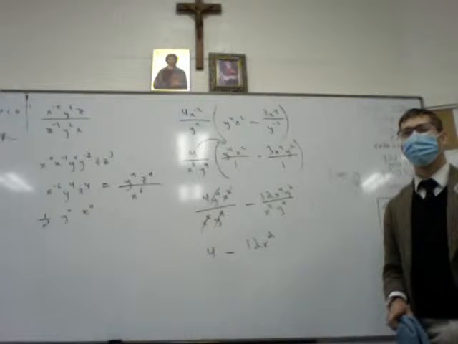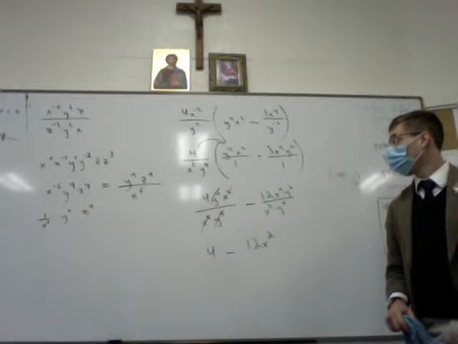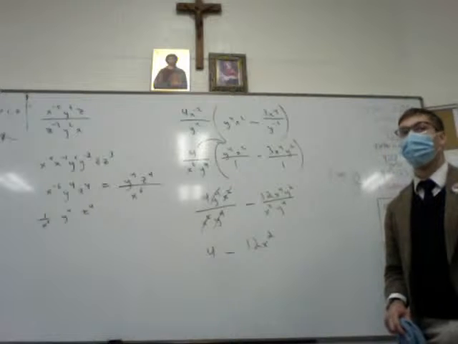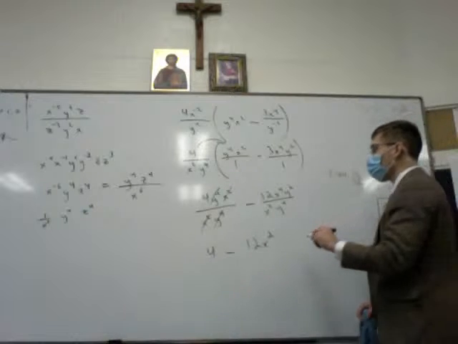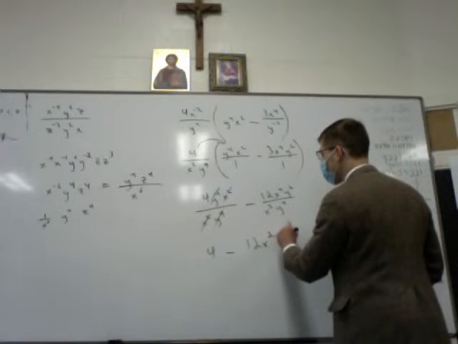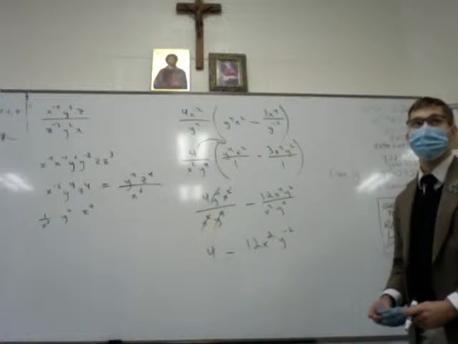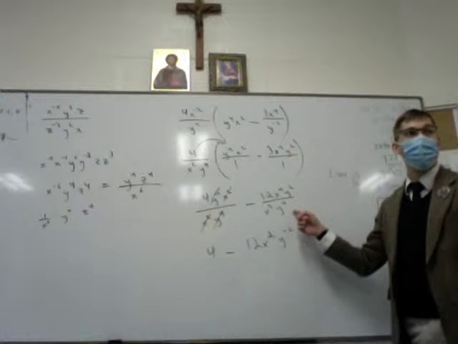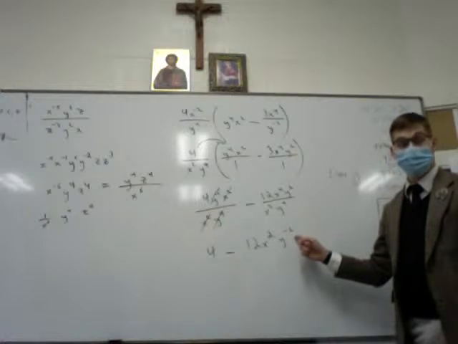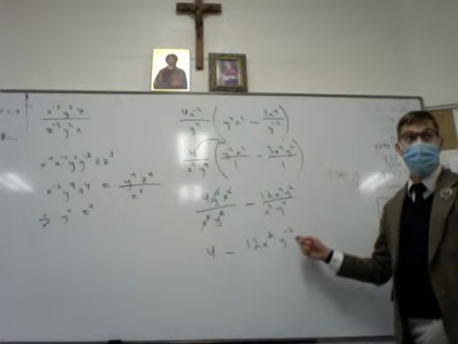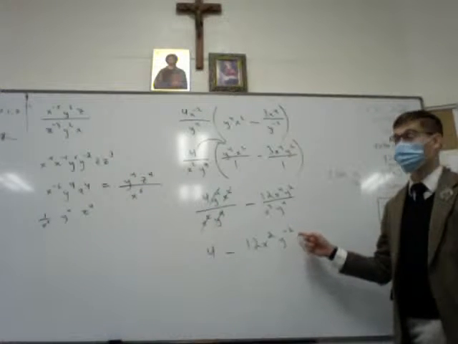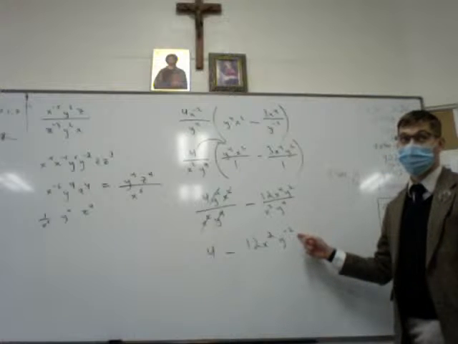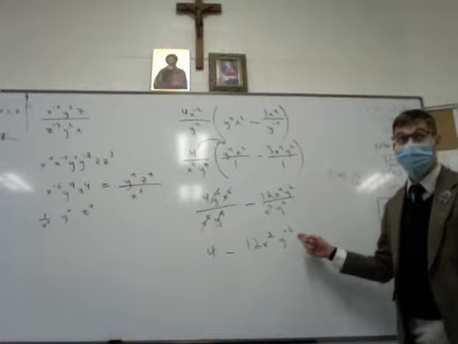If you keep it on the bottom, you make it y on the bottom. Right, so this is the right value. y squared divided by y to the fourth gives us y to the negative 2 because we're dividing, so we subtract the exponents. 2 minus 4 gives us negative 2.